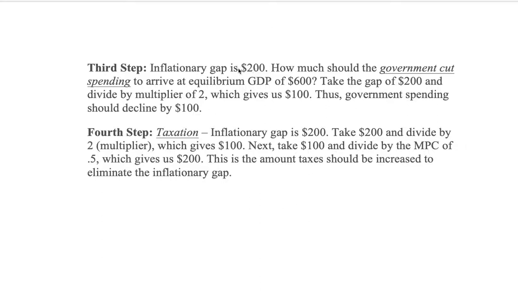So if the inflationary gap is 200, which we've identified, and we want to know how much the government should cut its spending to get back to 600, in other words, we want the economy to go from 800 to 600. Well, this is straightforward. Take the gap of 200 and divide it by the multiplier of 2, and that gives us 100.